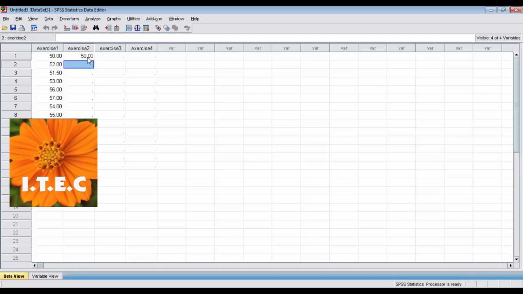It might be 15 here, 51.5 here, 51 here, 53 here, 55.5 here, 56.5 here, 54 here, 55 here, 55 here, 53.5 here, 55 here, 55.5 here, 54 here, and 55 here.